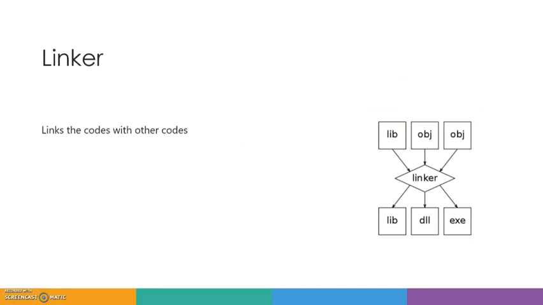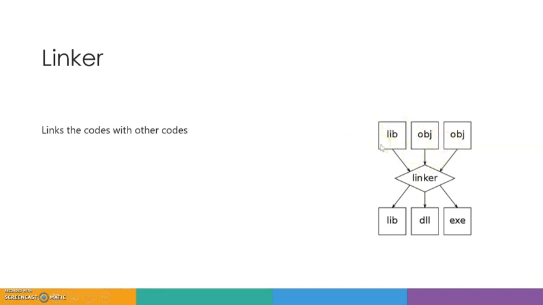Next one, linker. So the linker is actually going to combine the object codes. Here you can see, the next tool is a linker. The linker is going to combine the object codes, just like we have discussed with the diagram. See here, it has been given two object codes and also one library file.